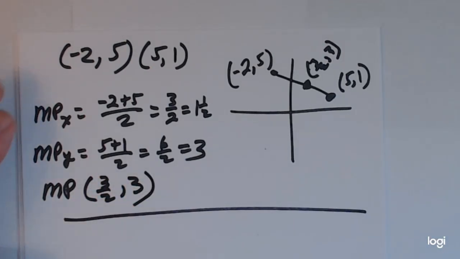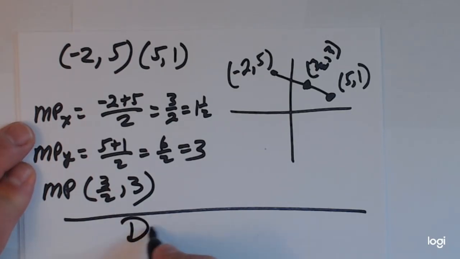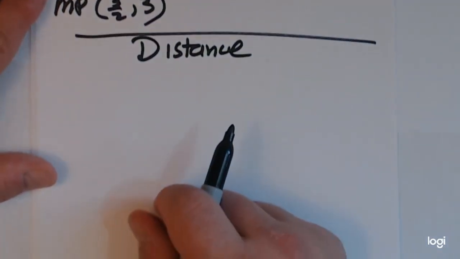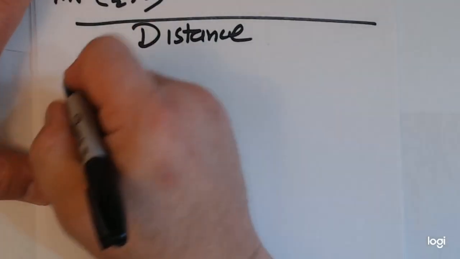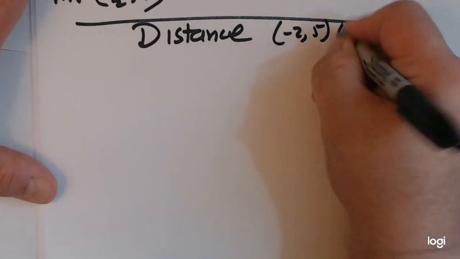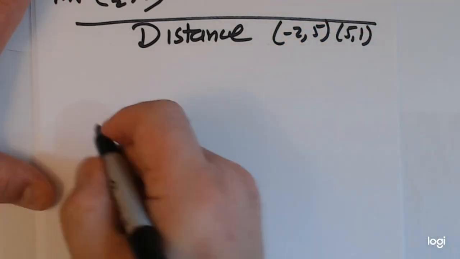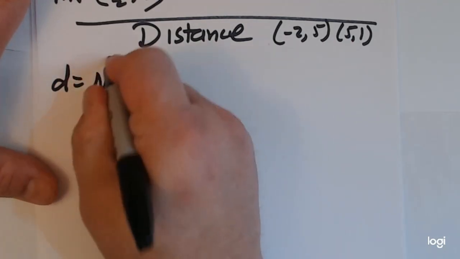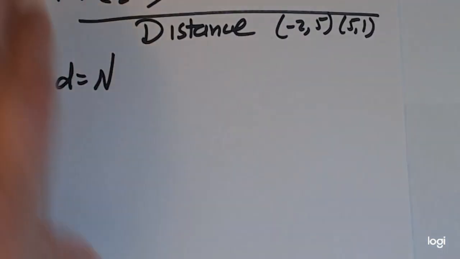Now let's work on the distance portion of this thing. Okay, so the points are negative 2, 5 and 5, 1. So d is equal to the square root. I'm getting a little hoarse.